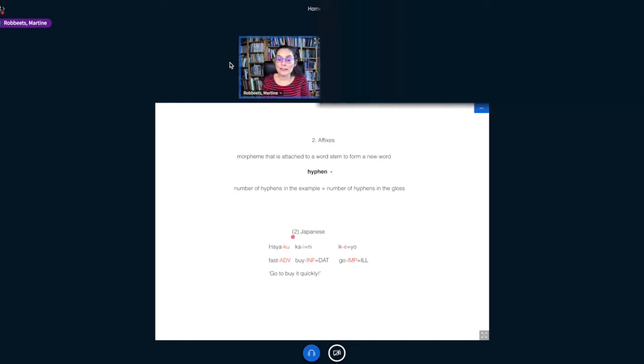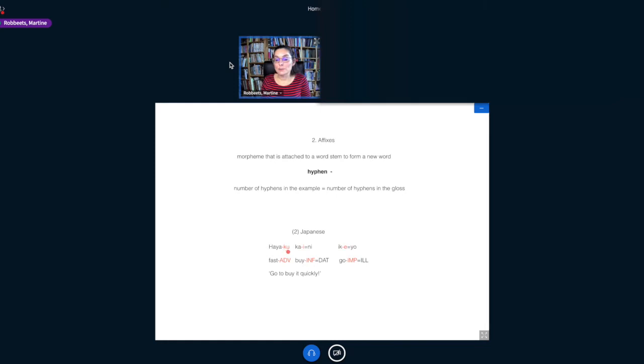So for instance, here we have our second example that again comes from the language Japanese. The sentence is Hayaku kai ni ike yo. Hayaku means fast, but it is separable. So the root of the word is haya, like in hayai, you separate the i. It means fast.